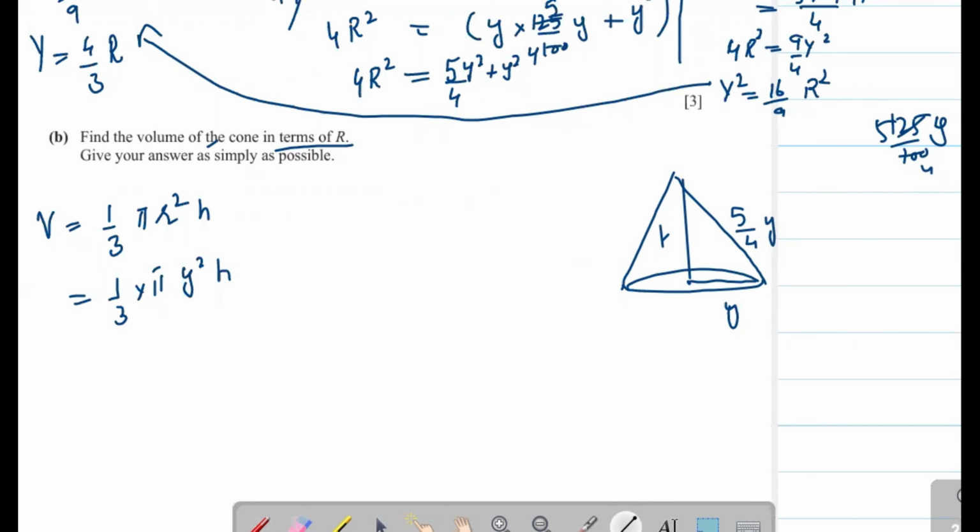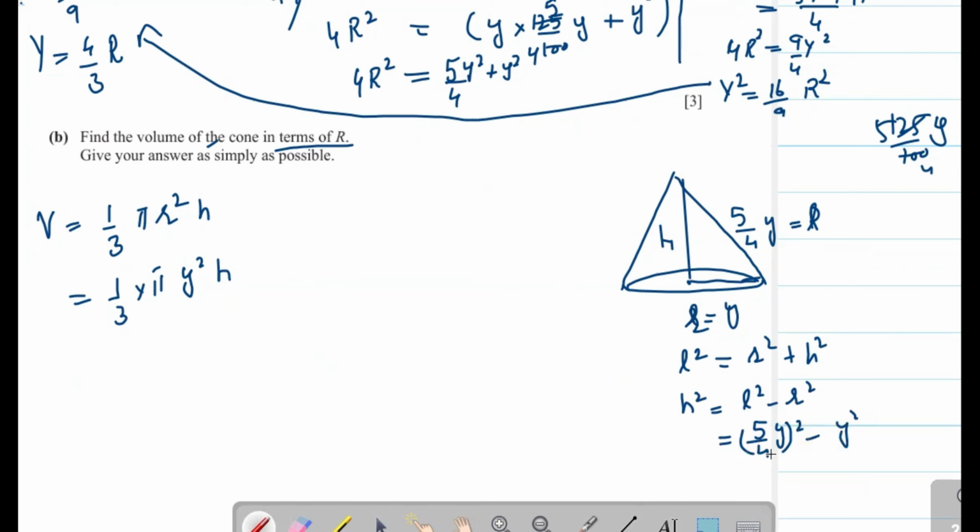Now the height will be equal to, this height will be equal to, we use the Pythagoras theorem, that is slant length, this length is slant length, this is the radius, and the L square will be equal to r square plus h square. Now therefore h square will be equal to L square minus r square, that is equal to 5 over 4 y whole square minus y square.